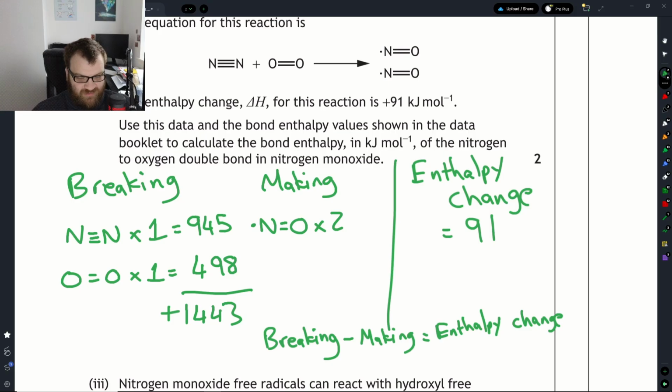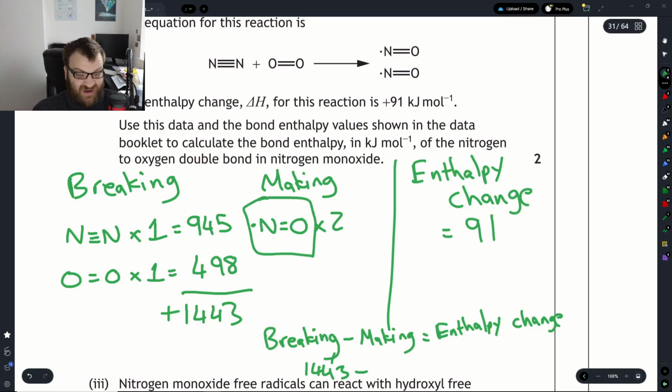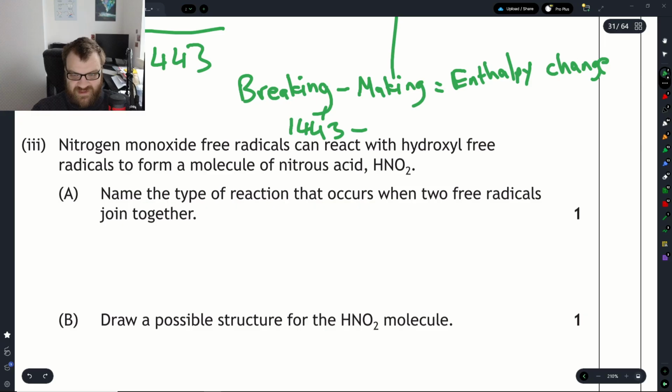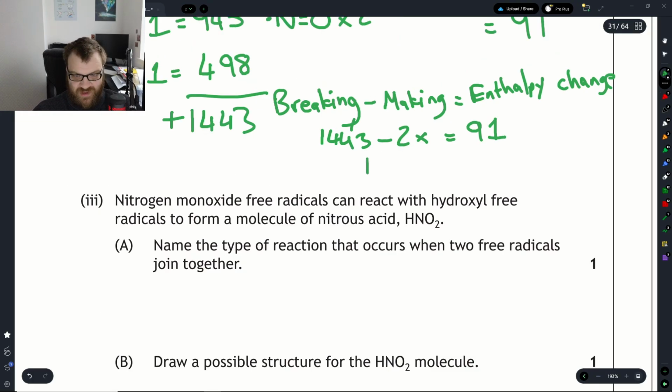The way it's working round, we need to rearrange this to get what our values would actually be. Well, I know that 1443 minus, to make this life easier, I'm just going to call this x. It doesn't matter what term you use, but I've got two of them. Take away that goes to 1. So as we rearrange this, we'll get that 1443 minus 1 equals 2x.